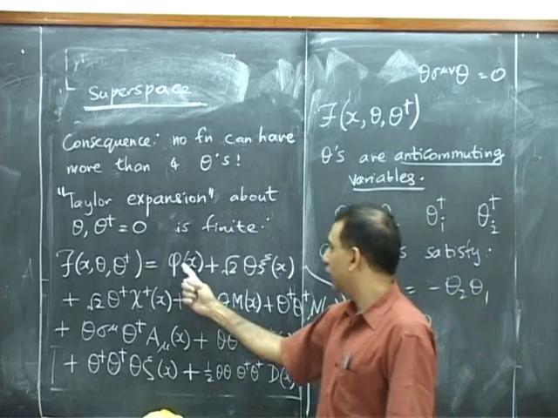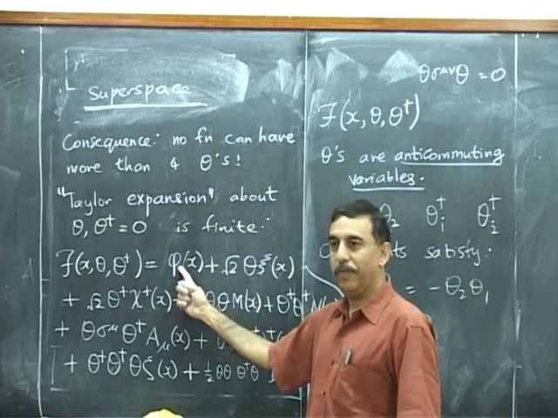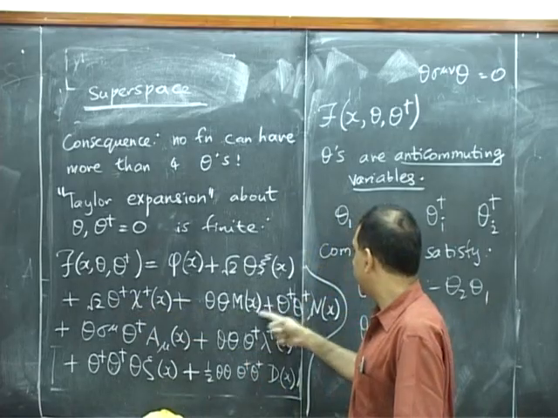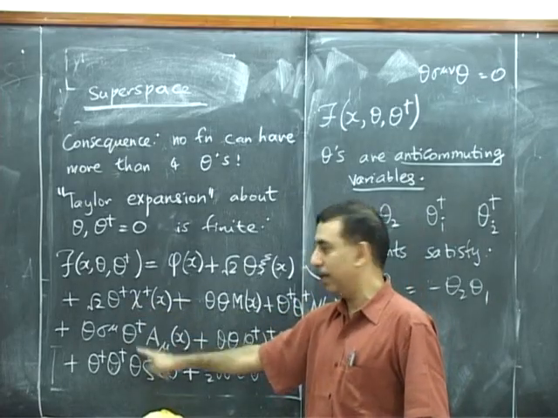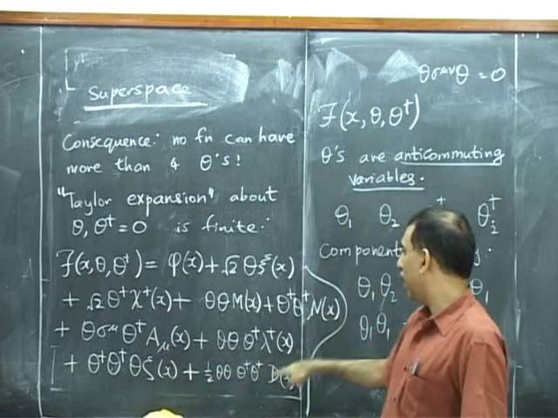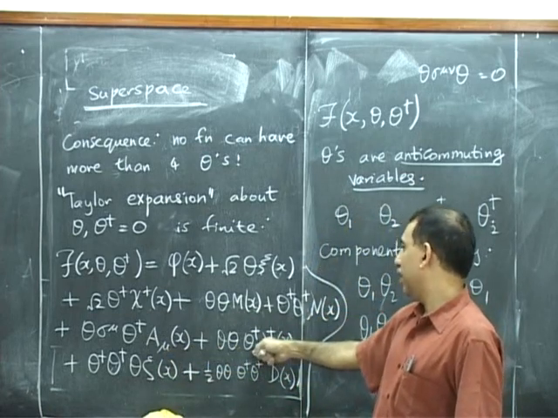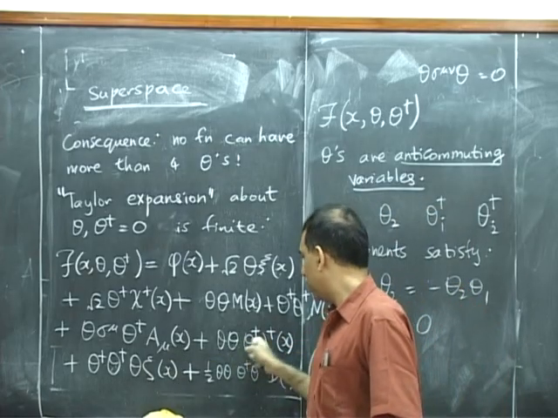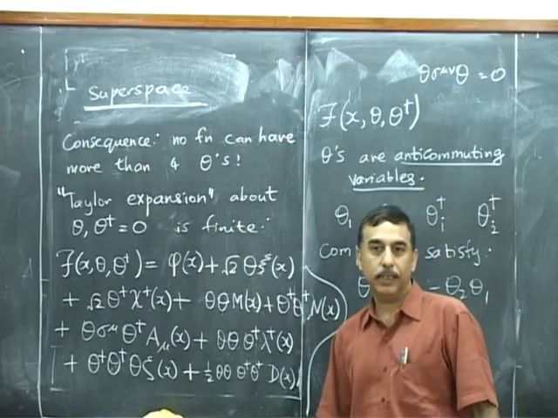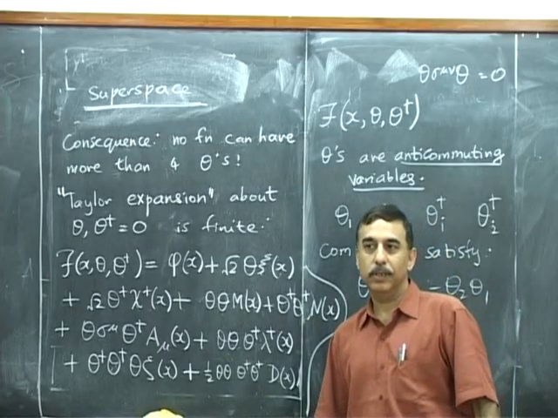Basically, you can see that there is one complex degree of freedom here. Then there are 4 to first order in theta, 6 to second order in theta, counting these 4 components of a mu plus these 2. Then 2 and 2, 4 here, and finally 1. So it's 1, 4, 6, 4, 1, which adds up to 16.